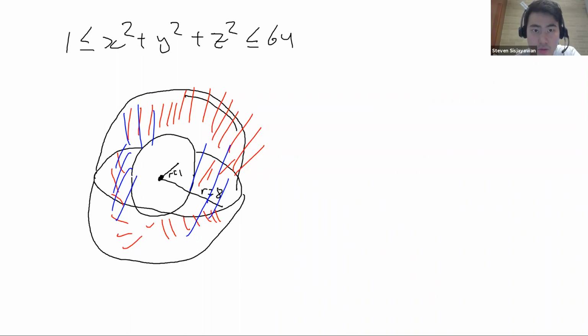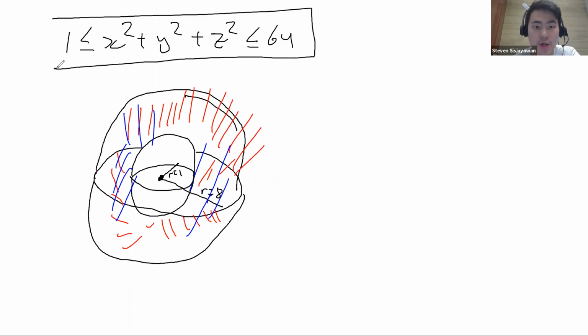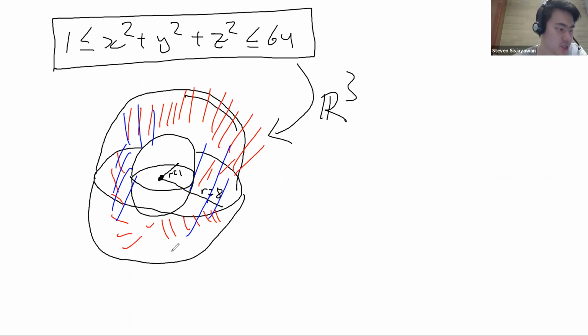Okay, there we go. It is going to be this volume. So representing this equation in R3 is going to be this solid region in space. Okay, so that kind of encapsulates all the key topics for 12.1.